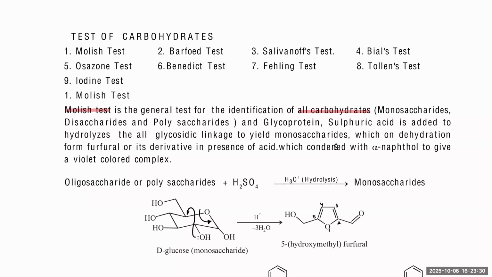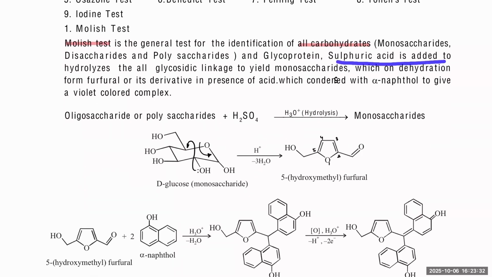Basically, what we do, we add sulfuric acid to hydrolyze all the glycosidic linkages to yield monosaccharides first. So we want all of the oligosaccharides or polysaccharides which are present to break down into small monosaccharides first. That is the first thing we'll do.